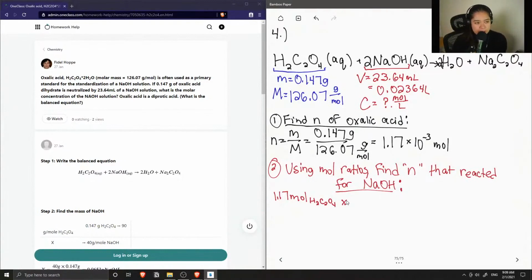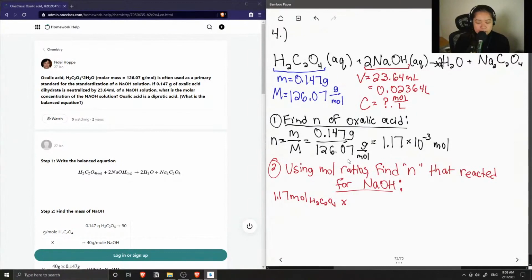to neutralize the reaction, and we know that oxalic acid and sodium hydroxide react at a 1:2 ratio. So since we're trying to find the number of moles of sodium hydroxide for the mole ratios, sodium hydroxide will be on top.